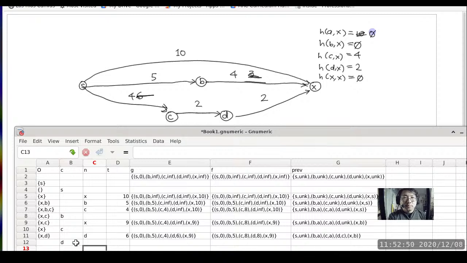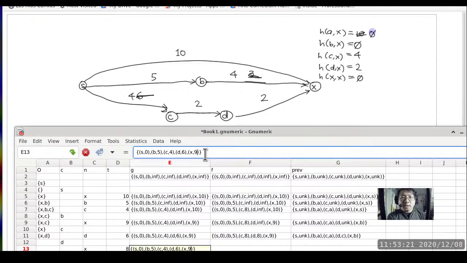There's only one, d only goes to x, and the length of the path through d to x from the starting point is g of d, which is 6, plus the distance of the edge dx, which is 2. 6 plus 2 is 8, so here we have 8. Now we found a shorter path to x, and the length of that shorter path is 8 as well. So we put 8 here.